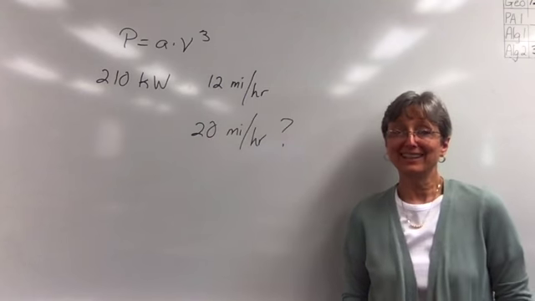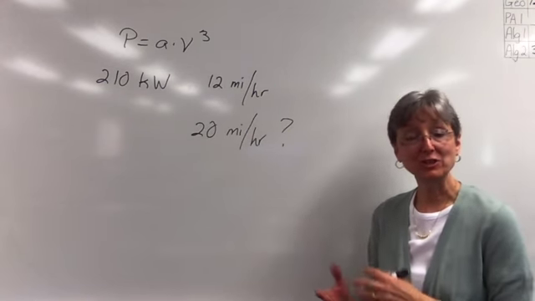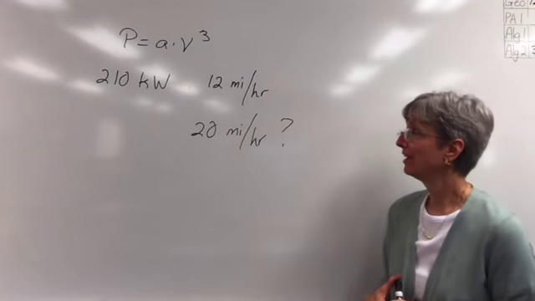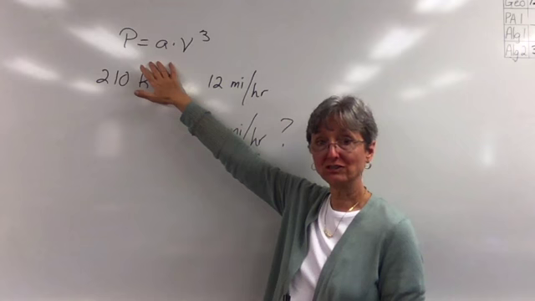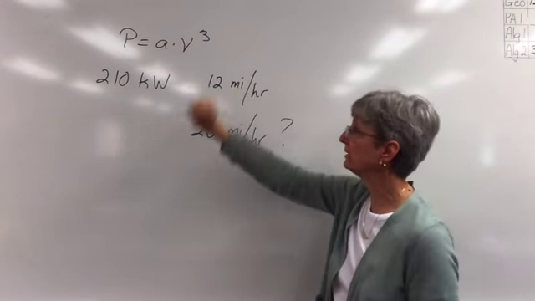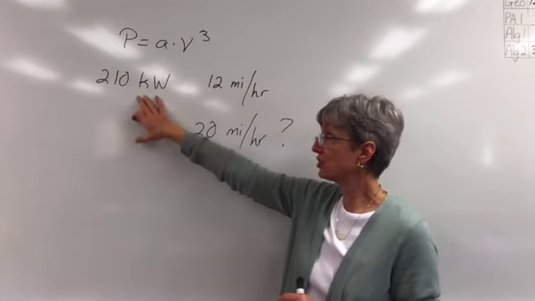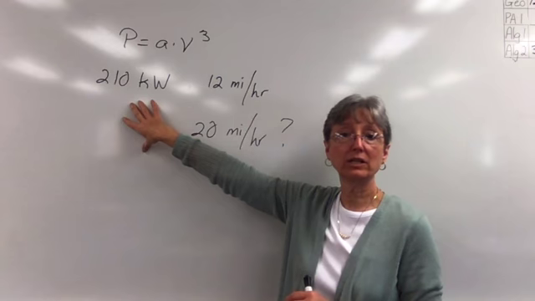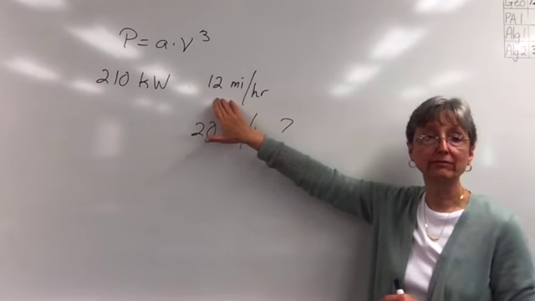This could be a second lesson check, if you'll bear with me, just to try it. It'd be worth it, and then you can check with me and see if you get it right. But let's use this same basic power function. P equals A times V to the power of 3. Let's say I have a different wind turbine. It generates 210 kilowatts of power when the air speed is 12 miles per hour.